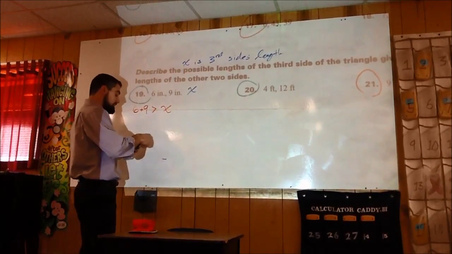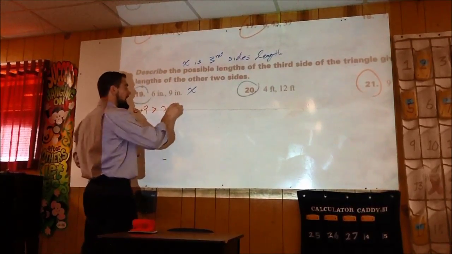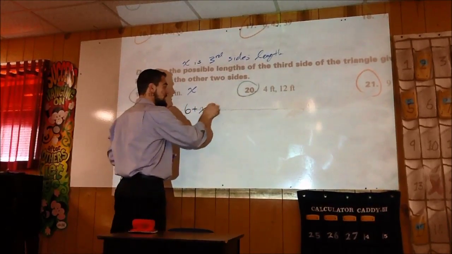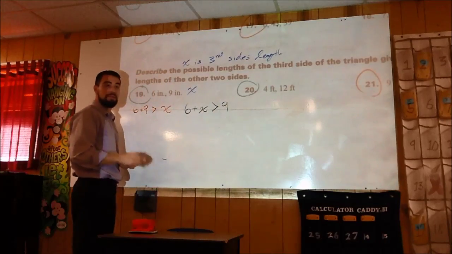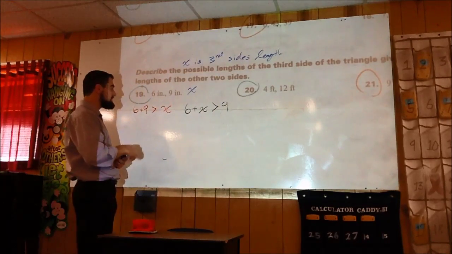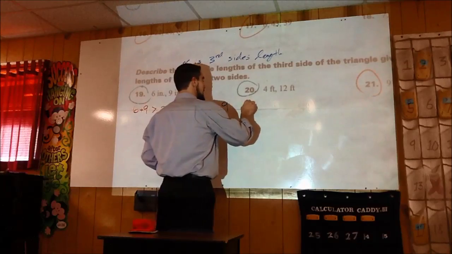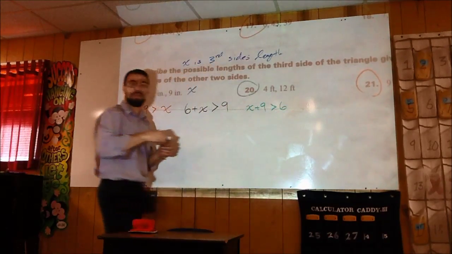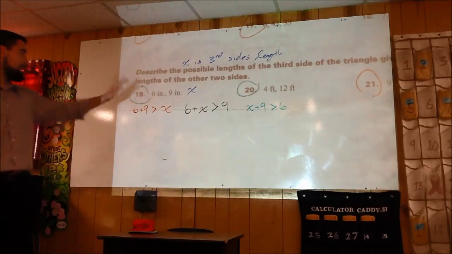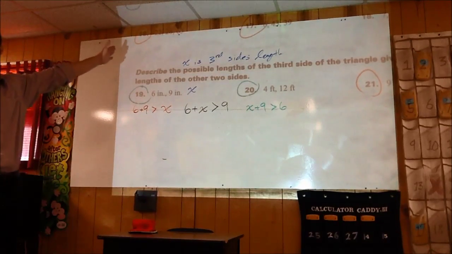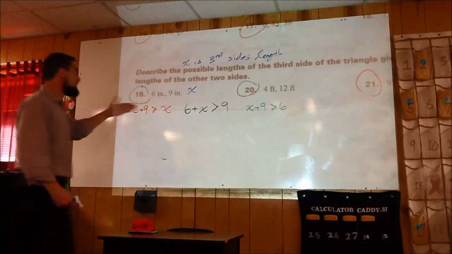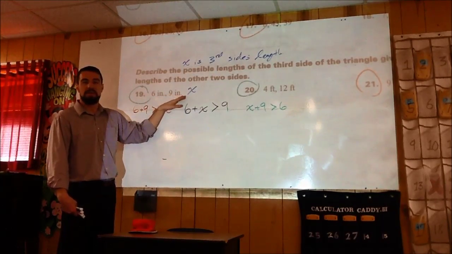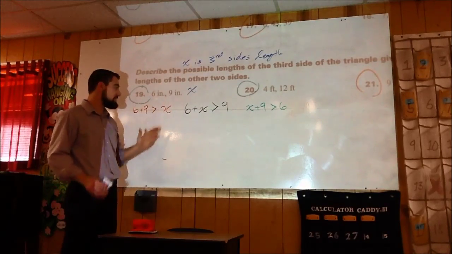Well, when I add up 6 and x, that's got to be greater than 9. That's the second scenario. And then my last scenario is, when I add x and 9, that's got to be greater than 6. So all I've done is treated this problem exactly like the ones above. The only difference is, rather than giving all 3, they just give us 2 and one of the sides is a variable. That's fine. We're going to treat it the same way.